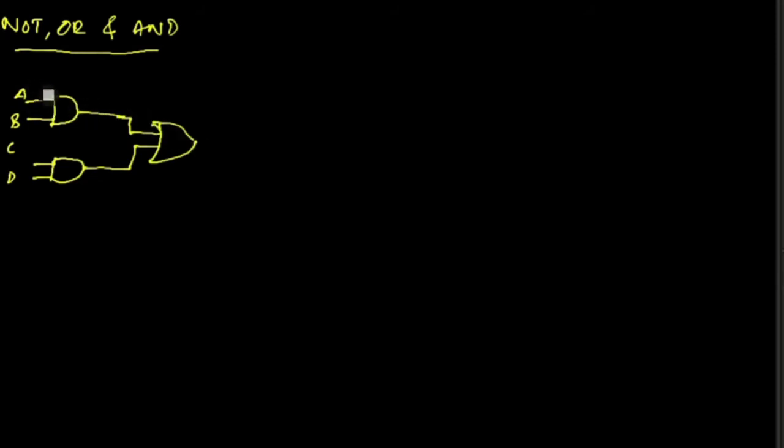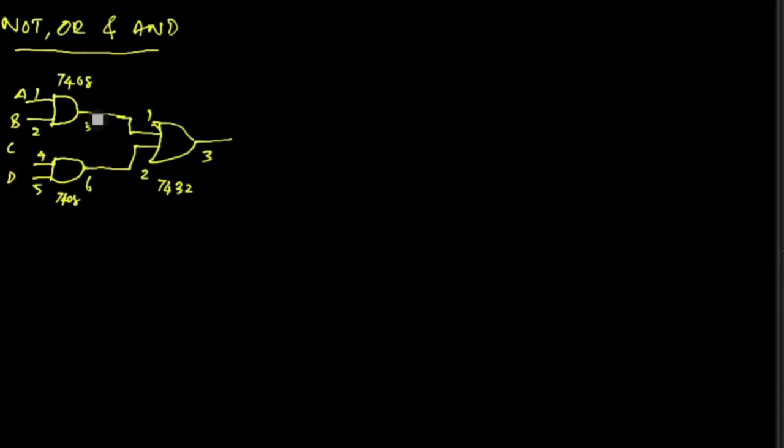So let's say this is pin number 1, 2 and 3 of IC 7408, which is an AND gate. This is 4, 5, 6 of the same 7408. They are connected to the terminals 1, 2 and 3 of 7432.